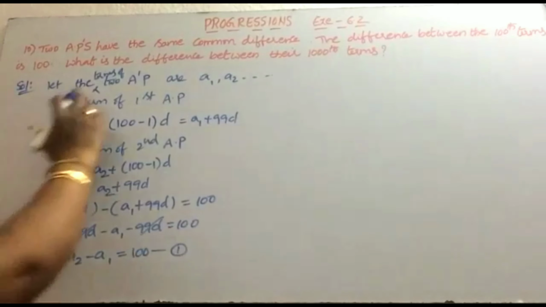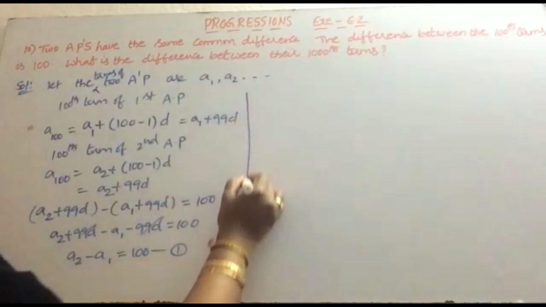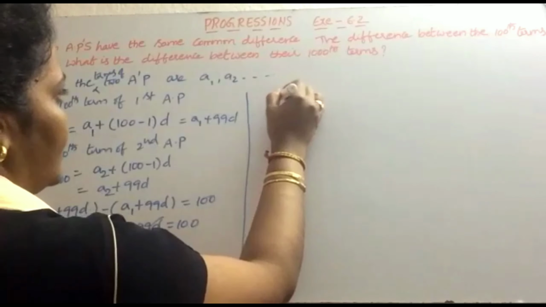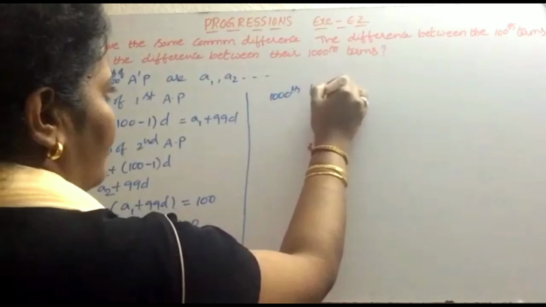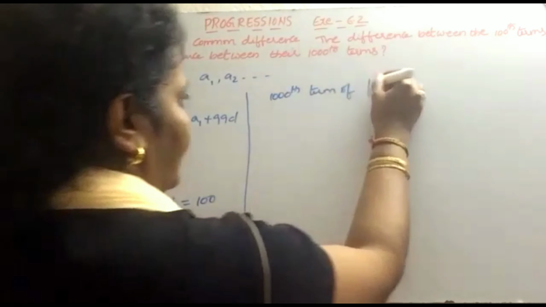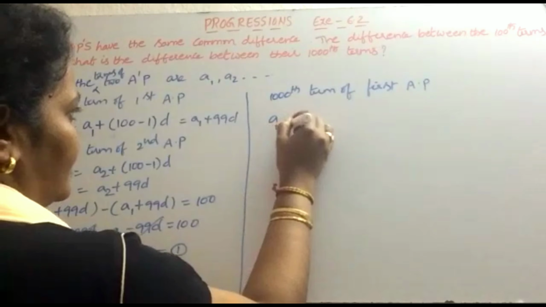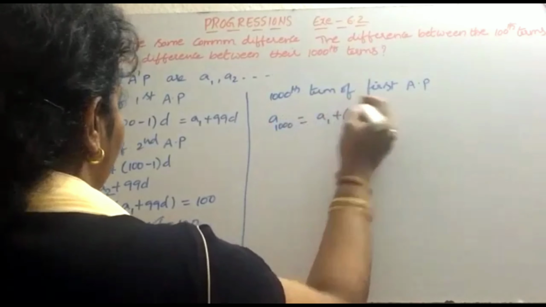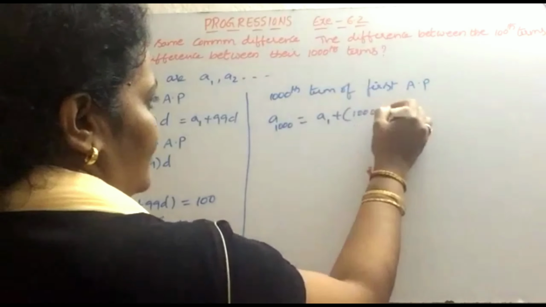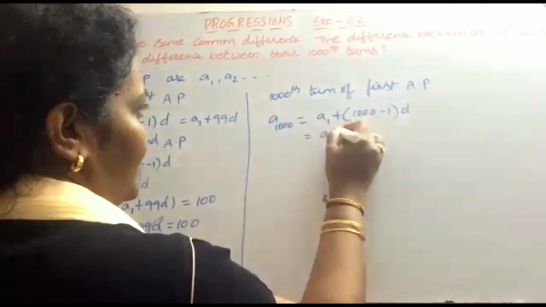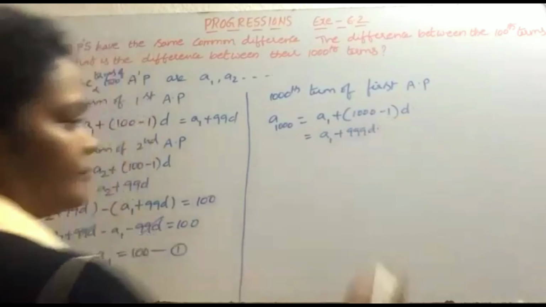Now what is the difference between their 1000th terms? The 1000th term of the first AP is A1 plus 1000 minus 1 into D, that is A1 plus 999D.